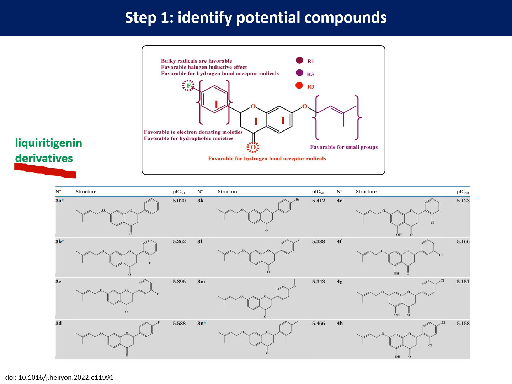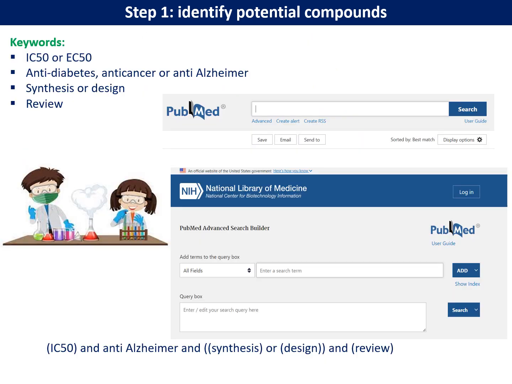They also change the R groups in the compounds. For example, this is the structure of the derivatives. In the first structures, 3A and 3B, they only add more fluorine to the benzene ring, similar to the other structures. And here they also include the IC50. So how can we identify the potential compound? Here, I have several keywords.